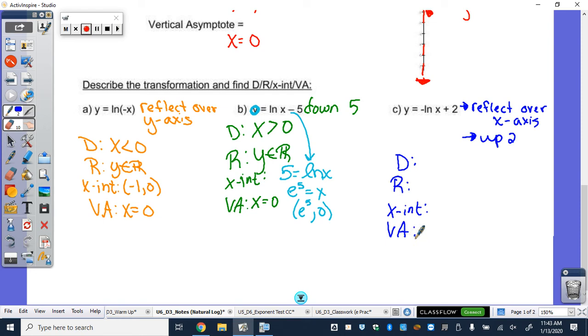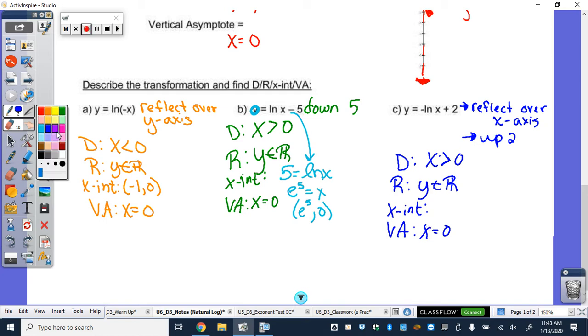So our domain is what? x greater than 0. Our range, all reals, or negative infinity to positive infinity. Vertical asymptote is still going to be at x equals 0. Your x-intercept, that may show up there, but it's not at a nice number.